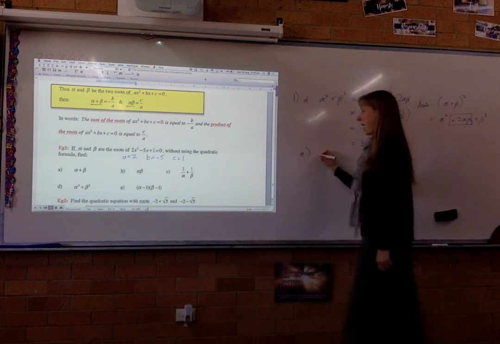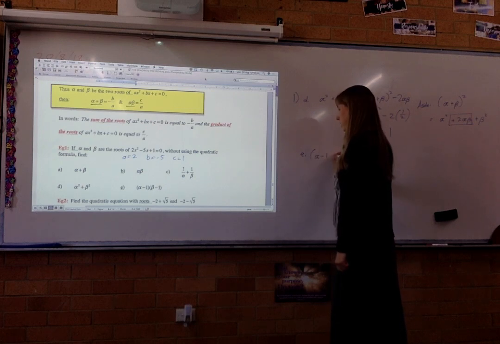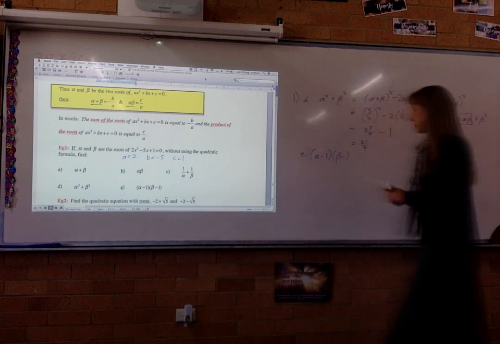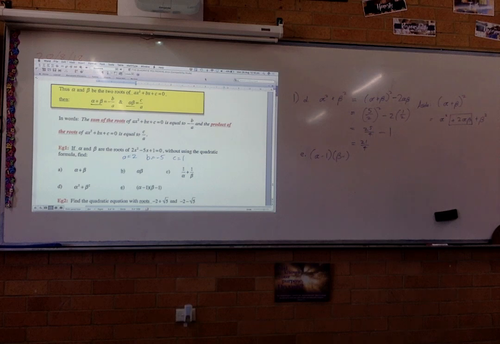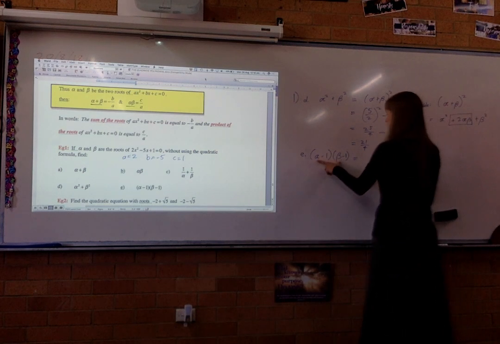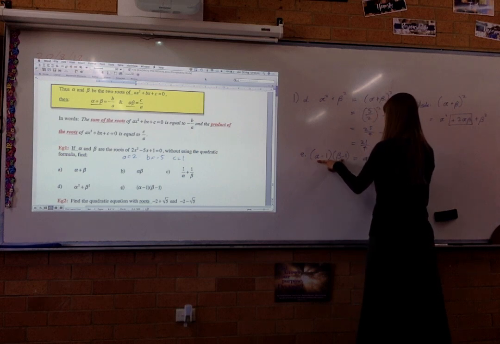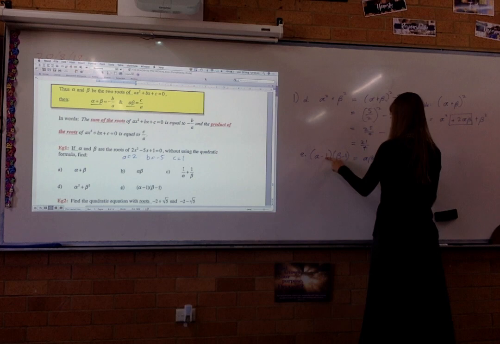Part E, we have alpha minus 1, beta minus 1. Well, why don't we expand it out and see what we get? Let's expand it. So we have here alpha beta, minus alpha, minus beta, plus 1.